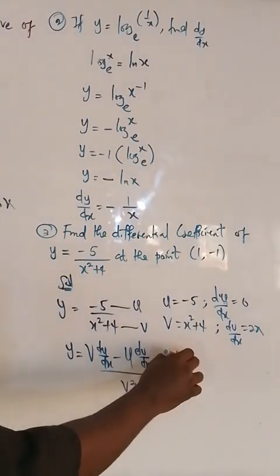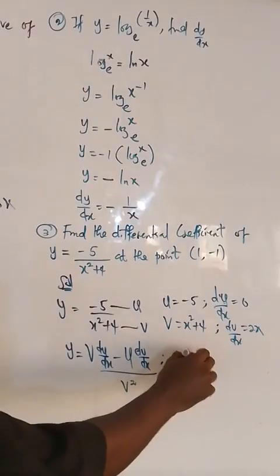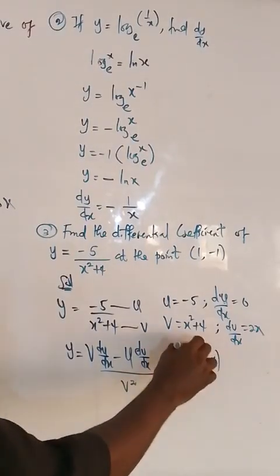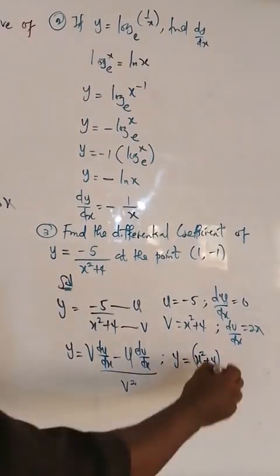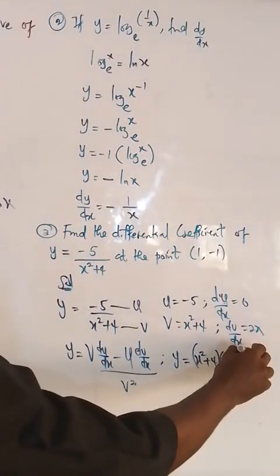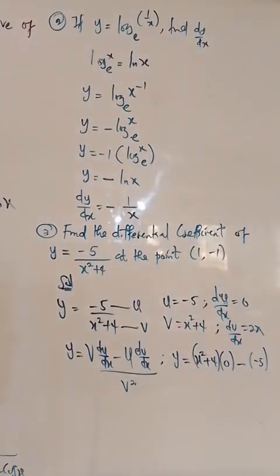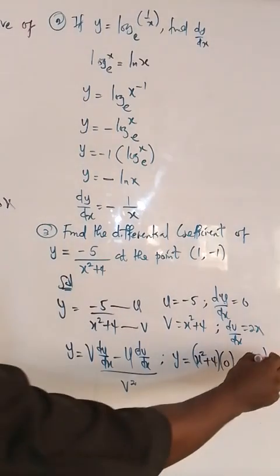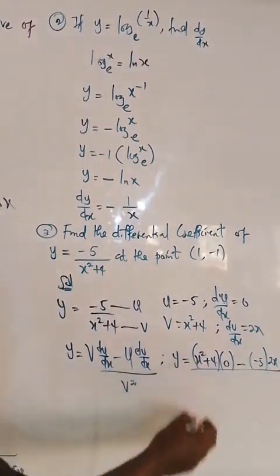From there, what is v? What is du/dx? Minus what is u? What is dv/dx?